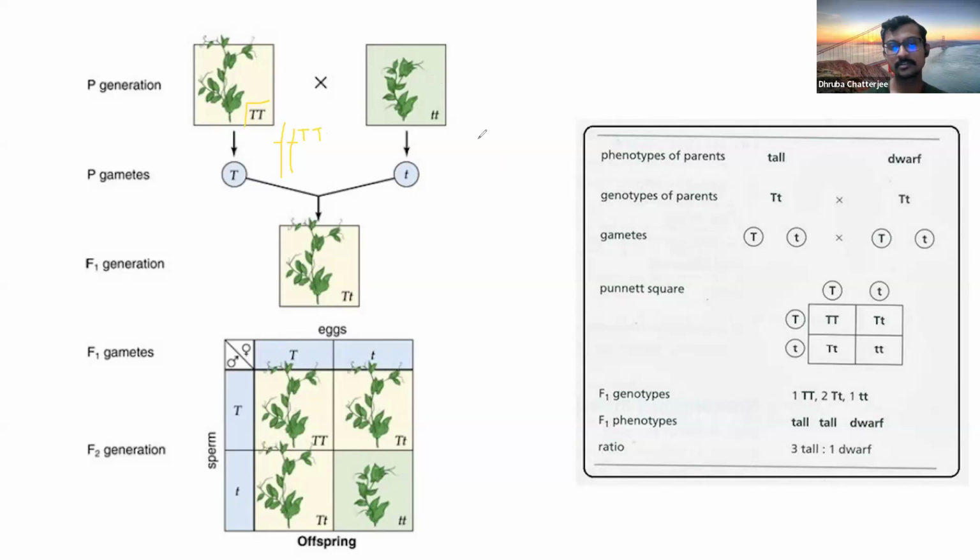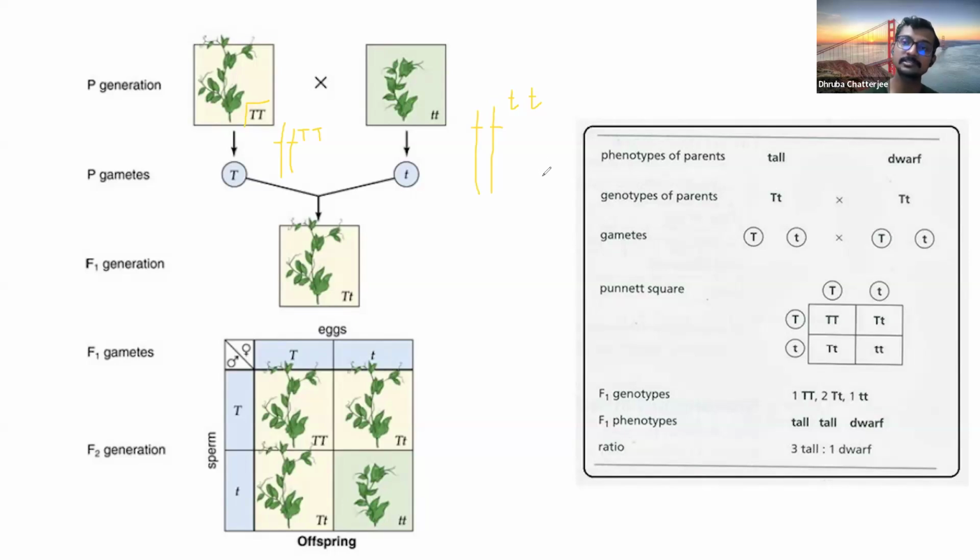Whereas in this plant, you again have a pair of homologous chromosomes, again an identical pair of alleles, but small t, this is the recessive one. Small t actually means that this particular gene variant has a mutation which is not able to encode that particular gene product that is necessary for the tallness of the plant.